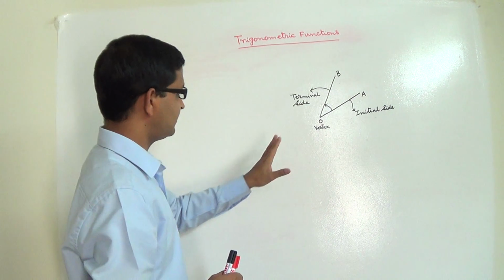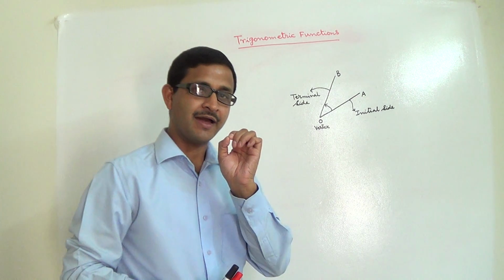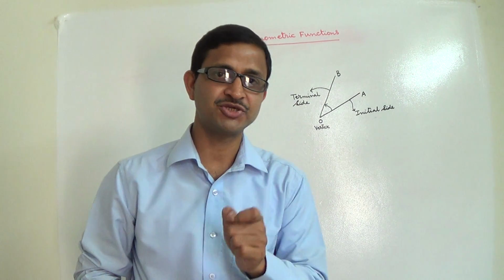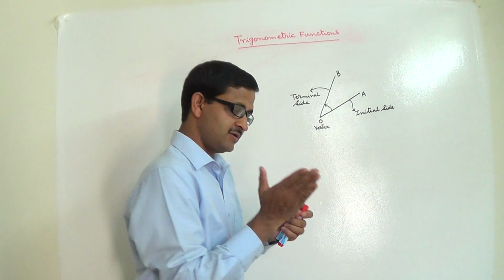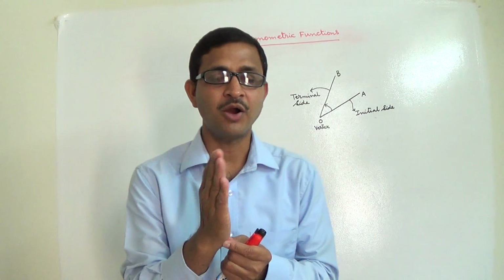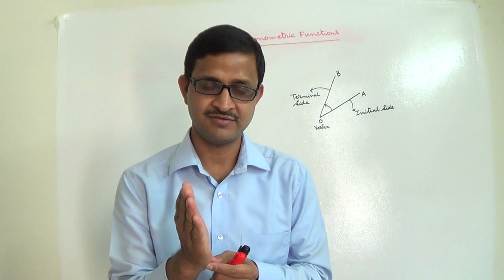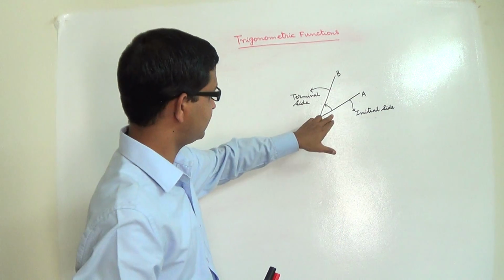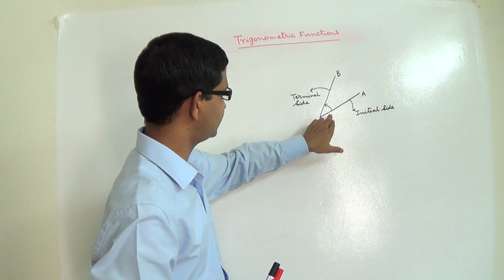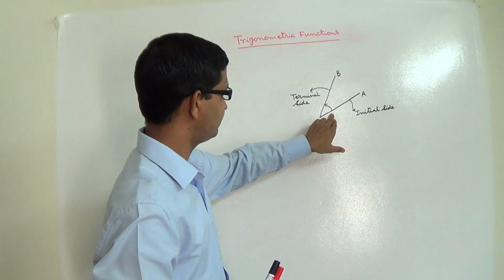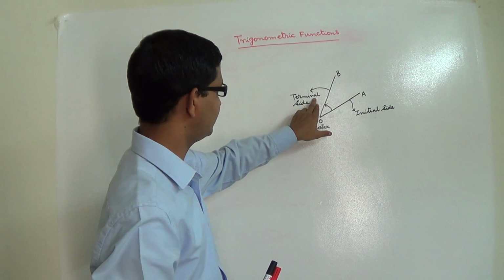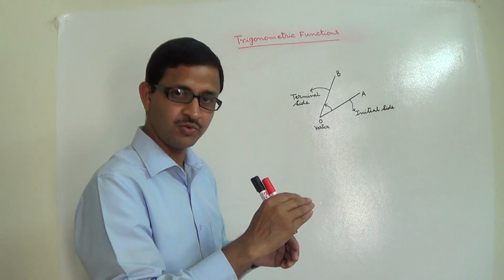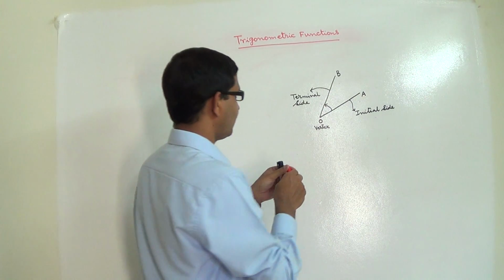Anyway, let's come to the discussion about the direction of an angle. When the rotation happens in the counterclockwise, anti-clockwise direction, then we can say the angle is a positive angle. In this case, the displacement of that ray from the initial side OA to the terminal side OB happened in the anti-clockwise direction.